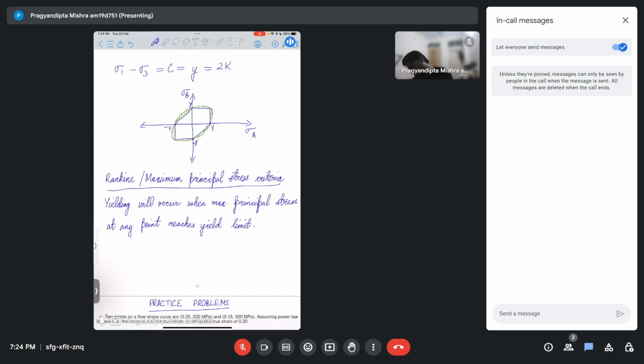So essentially, your maximum principal stress becomes equal to Y. But understand that this is defined for failure, not for yielding, because you are taking into account only the hydrostatic state of stresses.